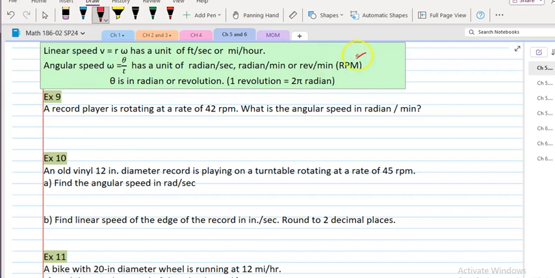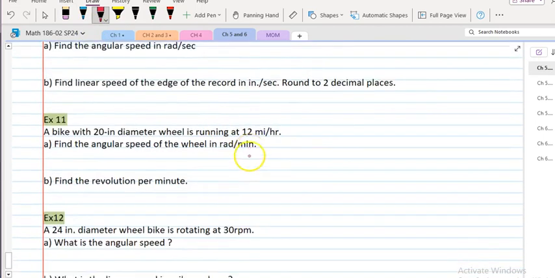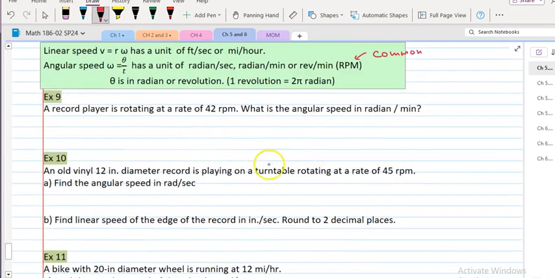This is more common in real life, because when you say radian, no one will know what you're talking about. So let's do these 3 examples to look at how we use this. These are the basic things that you should know to go into physics, because physics also covers rotational motion.